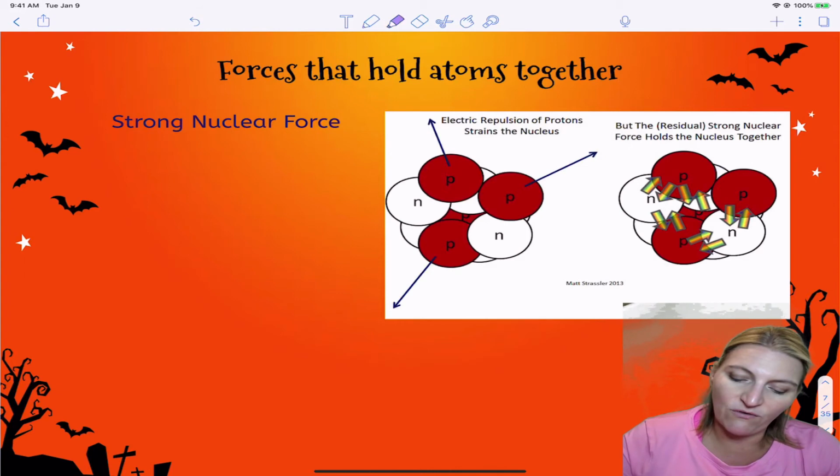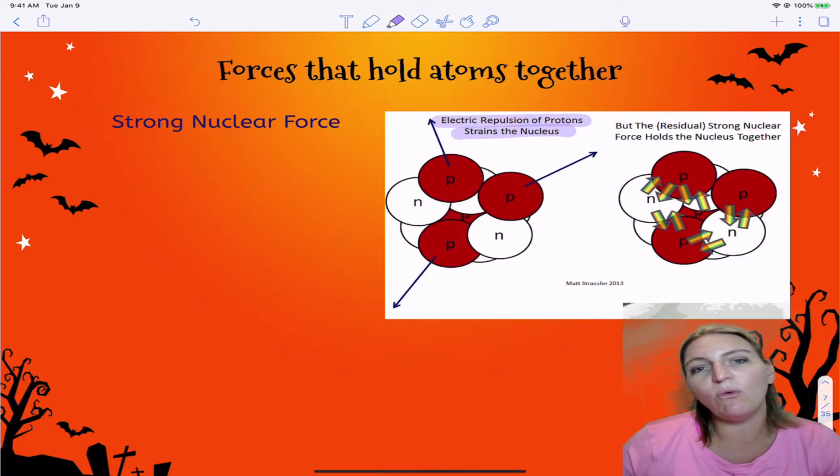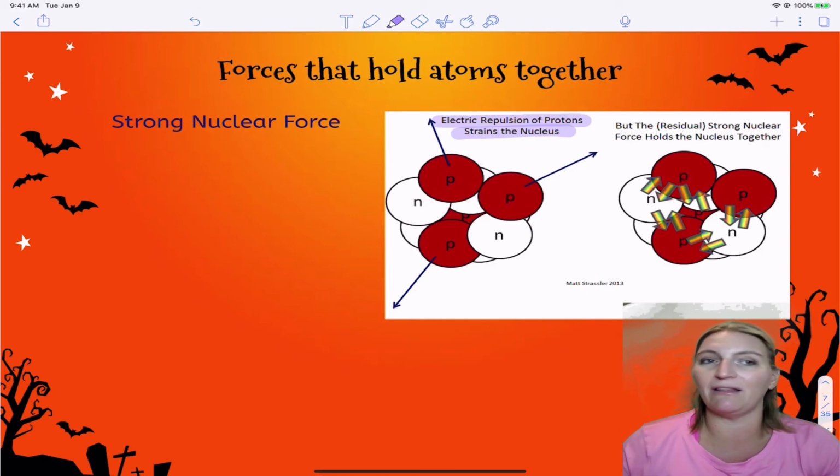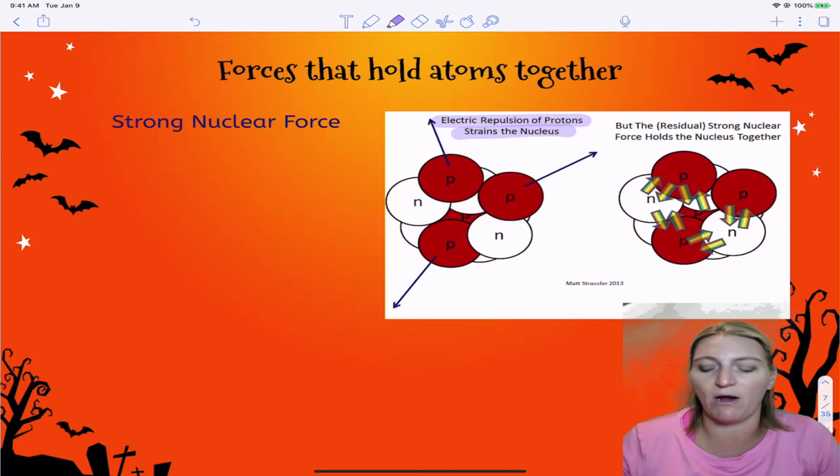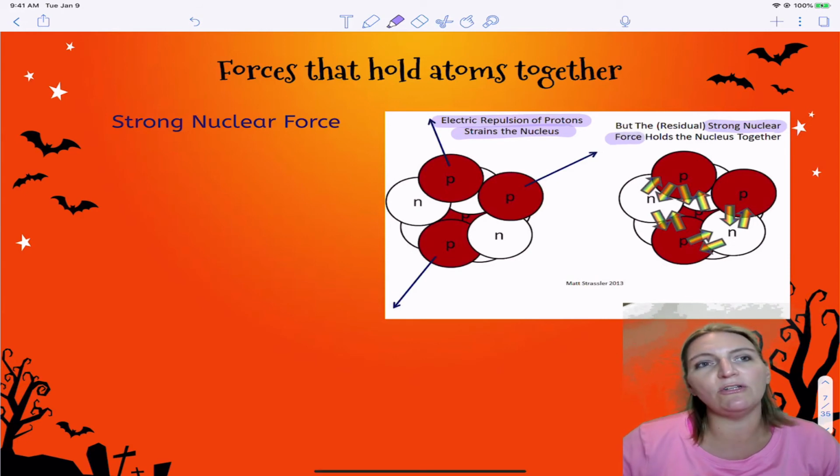You can see from the diagram here, the electric repulsion of protons strains the nucleus. If the only force going on was that electrostatic force, a nucleus would not exist. Those protons would repel each other, and the nucleus would fly apart. It wouldn't be able to stay together. But because we have the strong nuclear force, it holds the nucleus together.